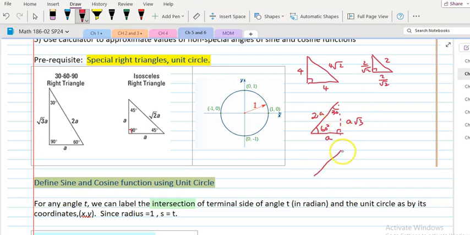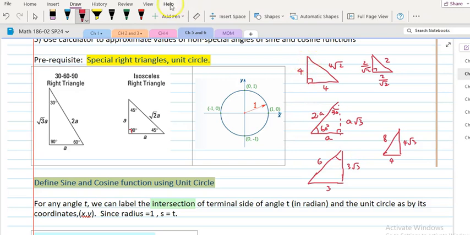Meaning if for some reason I have a 30, 60 triangle, I don't draw it well, it should be much shorter, and the short side is 3, then the hypotenuse would be 6, double the short side, and the other side would be 3 root 3. And if, for example, the hypotenuse is 8, then the short side would be half of it, 4, and the other would be 4 root 3. So if you know one side of a 30, 60 triangle, you pretty much figure out all the sides. If you know one side of a 45, 45, you pretty much know all the sides.